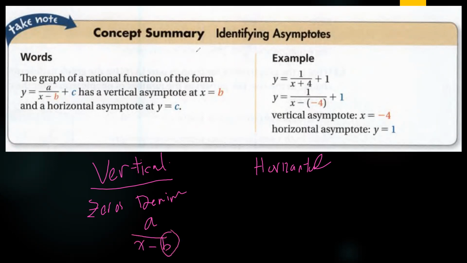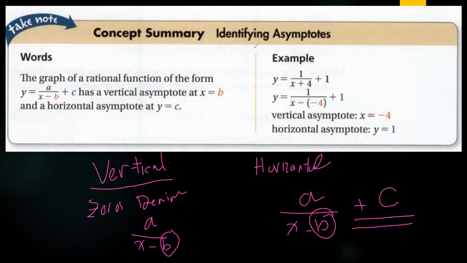Look at b. This b will be the vertical asymptote. Now to find the horizontal, the function could be like a over x minus b plus c. This c will be the horizontal asymptote. So b will be the vertical and c will be the horizontal.